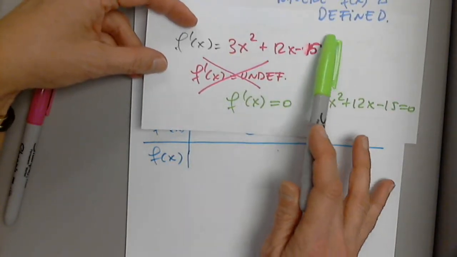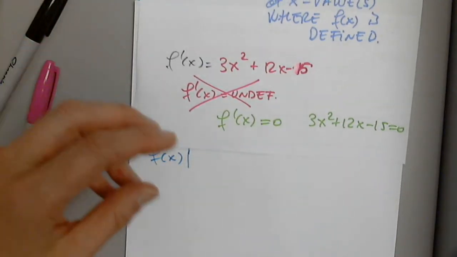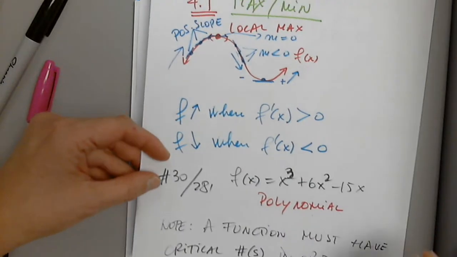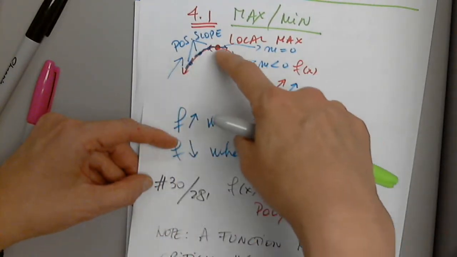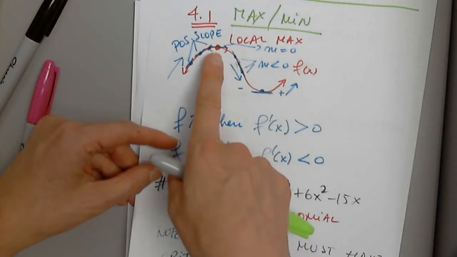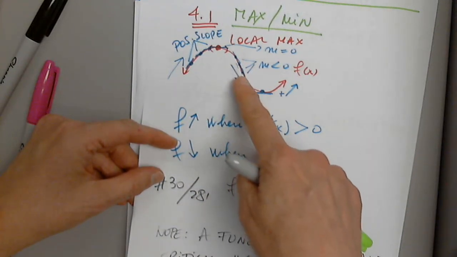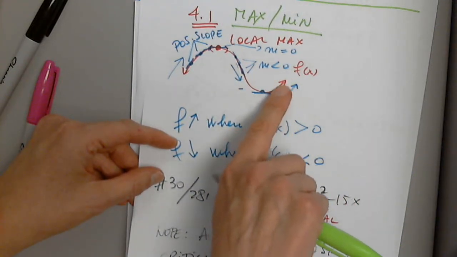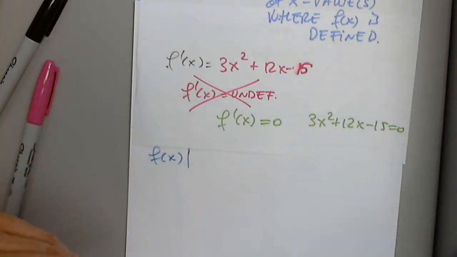And now I would like to study the sign of this function. Once again, why am I studying the sign of the function? Because if it happens to be positive and 0 and then negative, what type of point will this be? Max. If it happens to have the sequence negative and then 0 and then positive, what type of point will that be? Minimum.